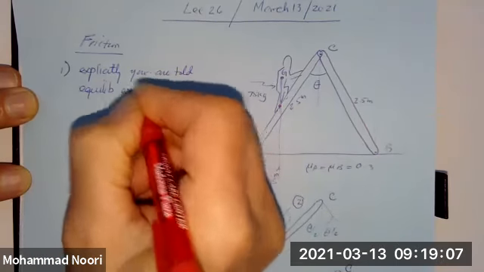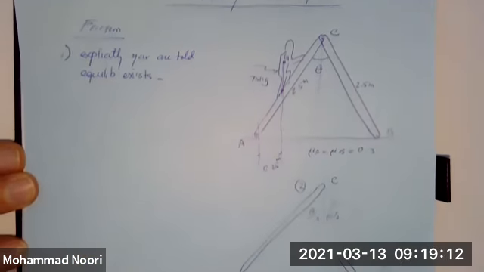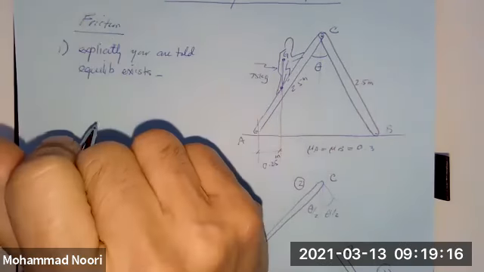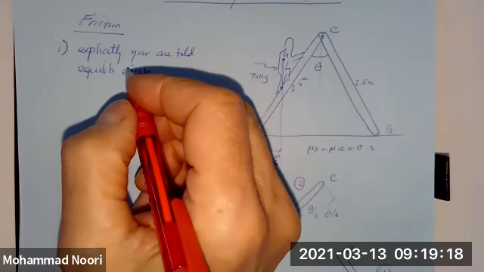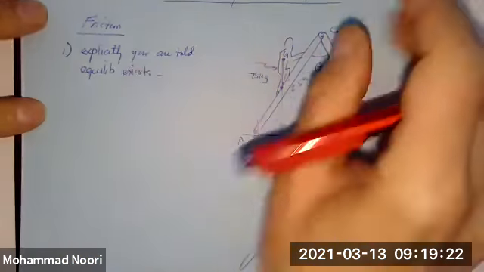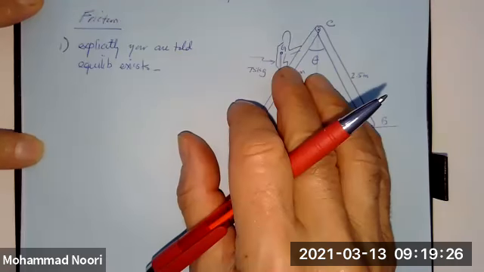What it means by equilibrium is that the object is not moving, or is at just the point of motion pending, or sometimes is moving with a constant velocity.